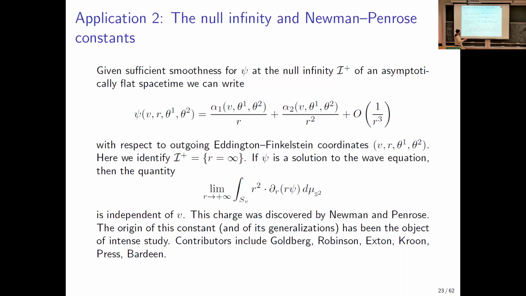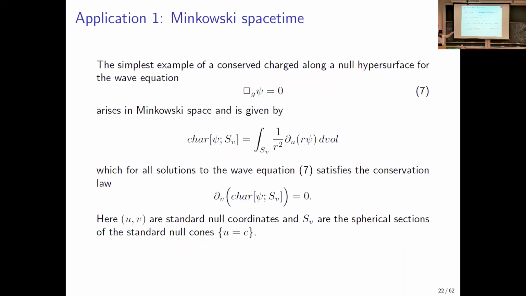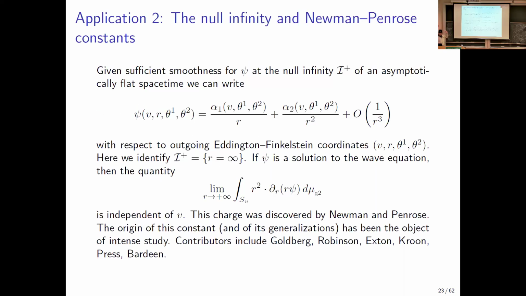Basically, as you go to infinity, the spacetime converges to Minkowski. Then you asymptotically get a conservation law at infinity. Right? In Minkowski, you have a conservation law everywhere for all null hypersurfaces. If your spacetime is Minkowski at infinity, then you get a conservation law at infinity.